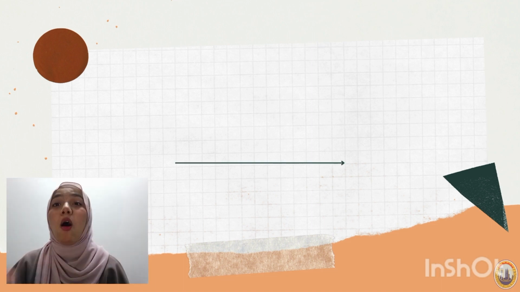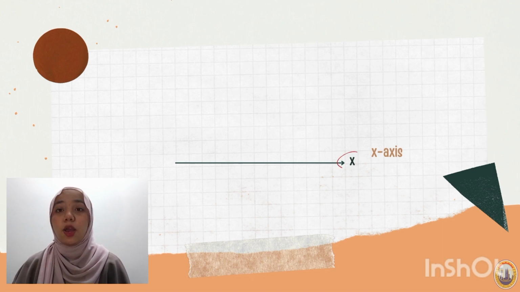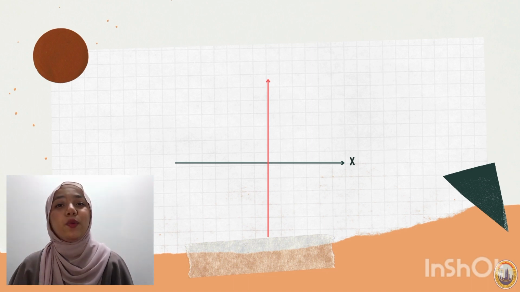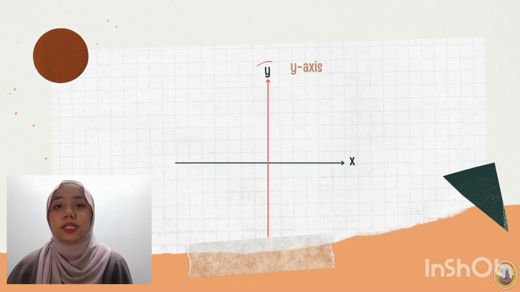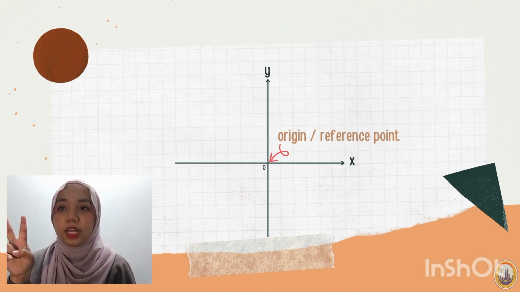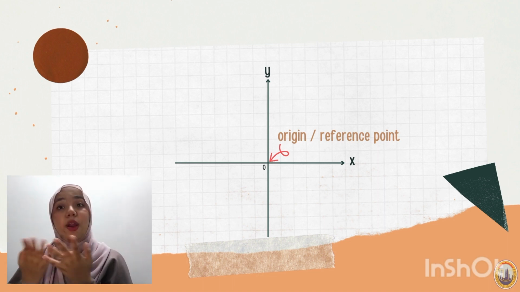When we draw the horizontal line, we call it the x-axis. When we draw the vertical line, we call it the y-axis. The intersection between these two lines, we call it the origin or reference point.